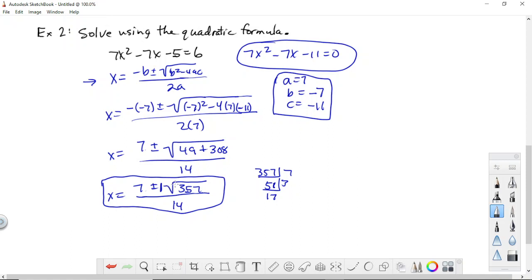Okay, so this stays like that. You don't have to write the 1 down there. I just wrote that to kind of make it clear that we can't reduce this. 7 goes into that and that, but 7 does not go into 1. Okay, so that's why we're done.